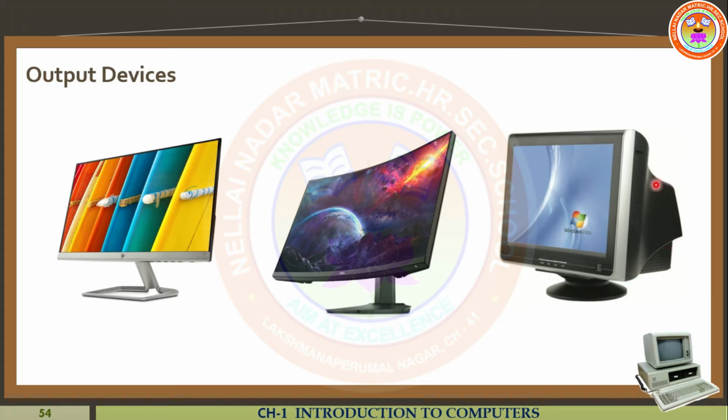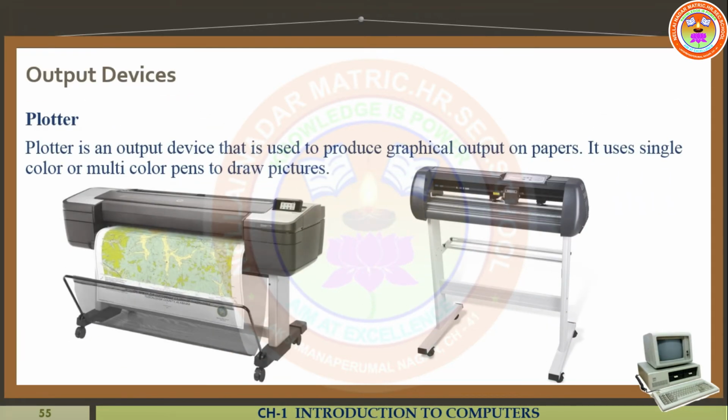In your house you may have had televisions that look like that in the earliest period. So this is called what type of monitor? CRT type monitor. And of these two, this is LCD and this is LED.